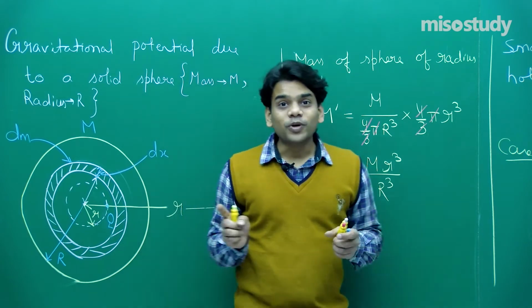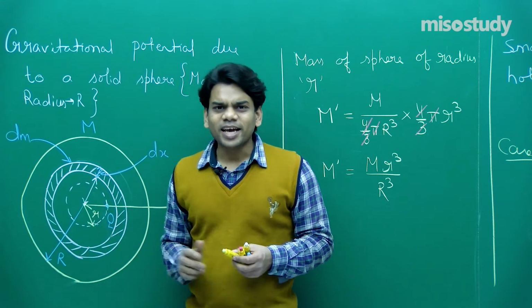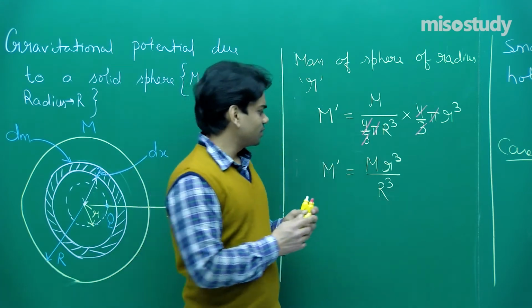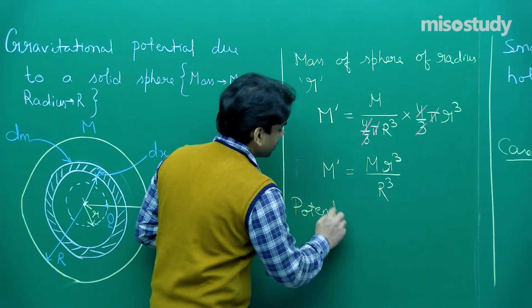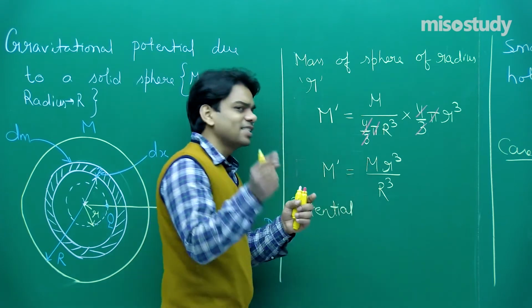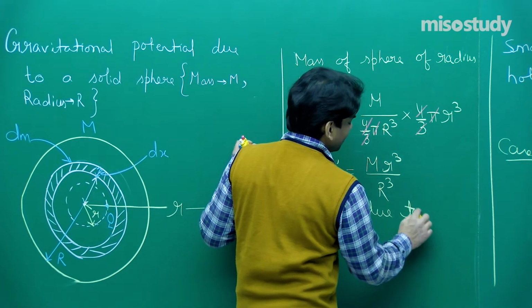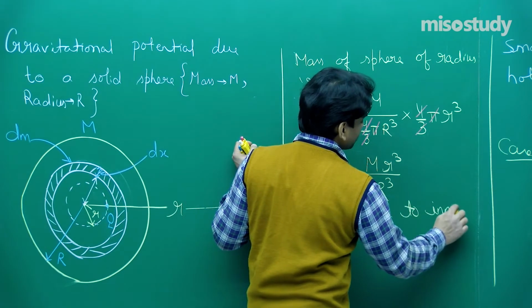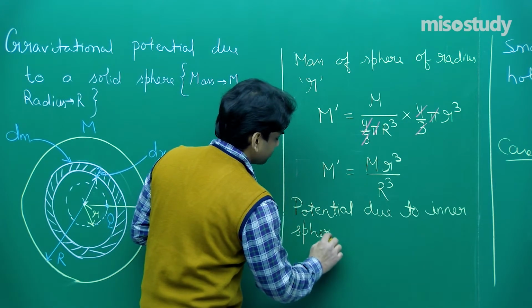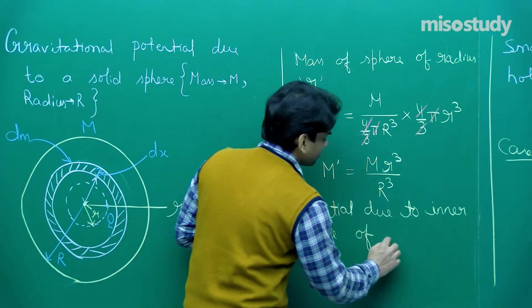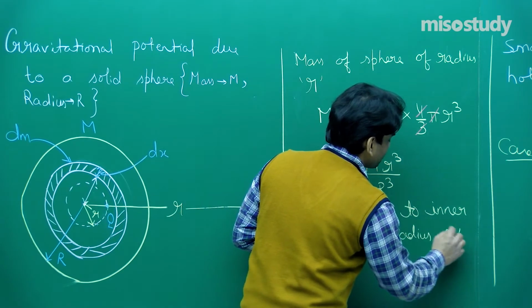Now, potential due to this inner sphere whose radius is small r, can we write that as V1? Potential due to the inner sphere which we have taken inside the solid sphere, of radius small r.